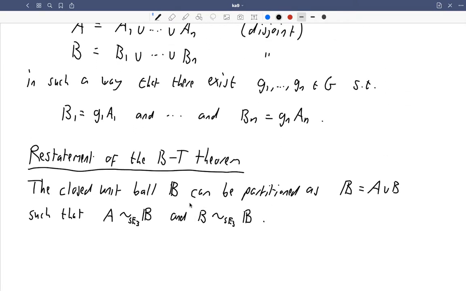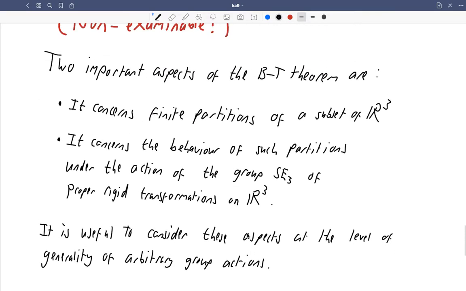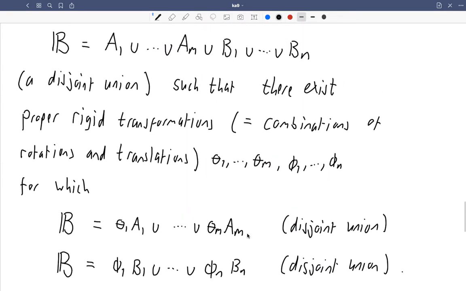Right, so here we're saying the closed unit ball can be divided into two pieces such that A can be divided into a finite number of pieces that can be shifted under proper rigid transformations to give a partition of the whole ball, and B can also be divided into perhaps a different number of pieces, but again a finite number of pieces that can also be shifted to form a partition of the whole ball B. And that is exactly what the statement of the Banach-Tarski theorem said.